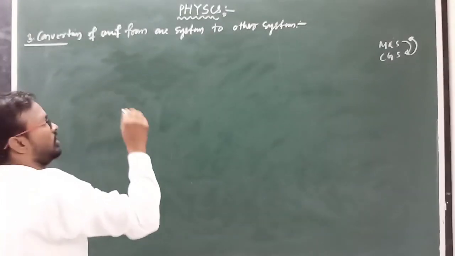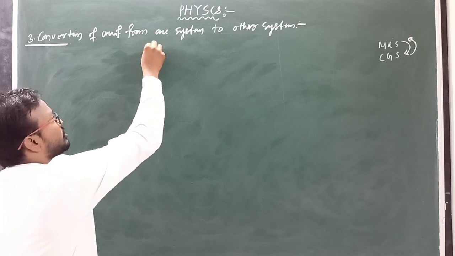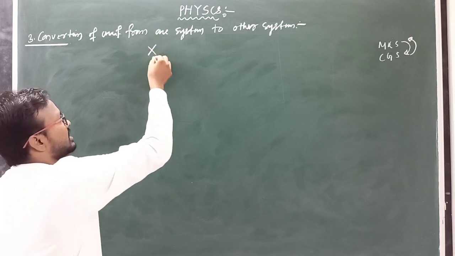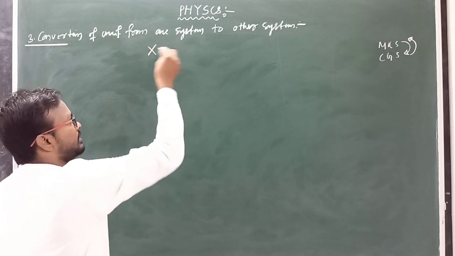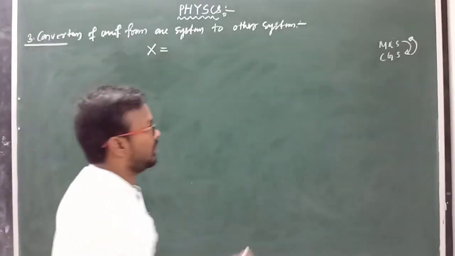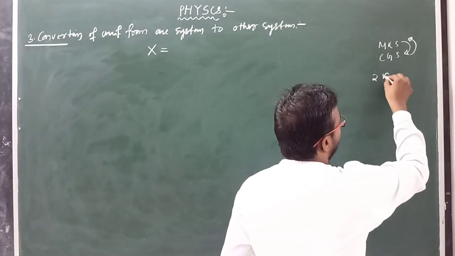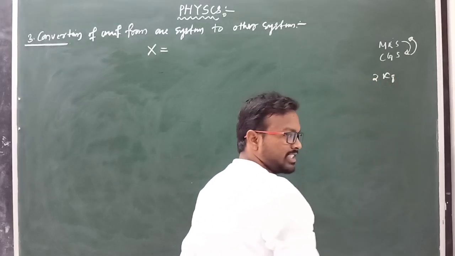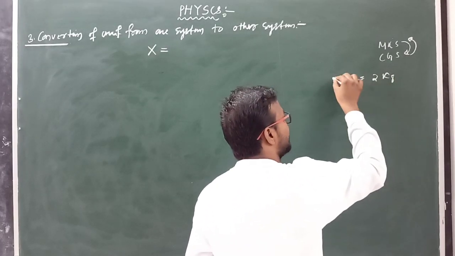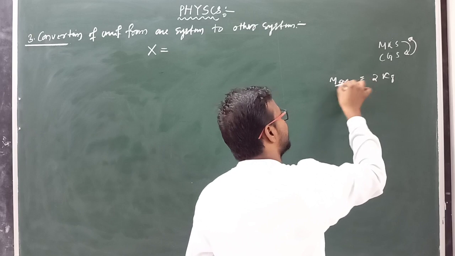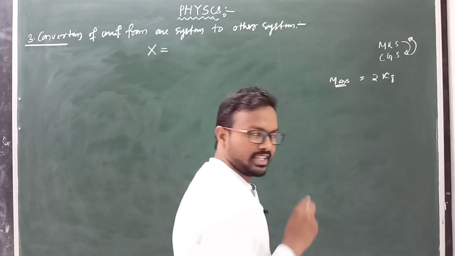Suppose there is a physical quantity X, and this physical quantity can be represented, for example, as 2 kg in the MKS system. Here 2 kg means it is mass, and mass is the physical quantity, which is a constant quantity.